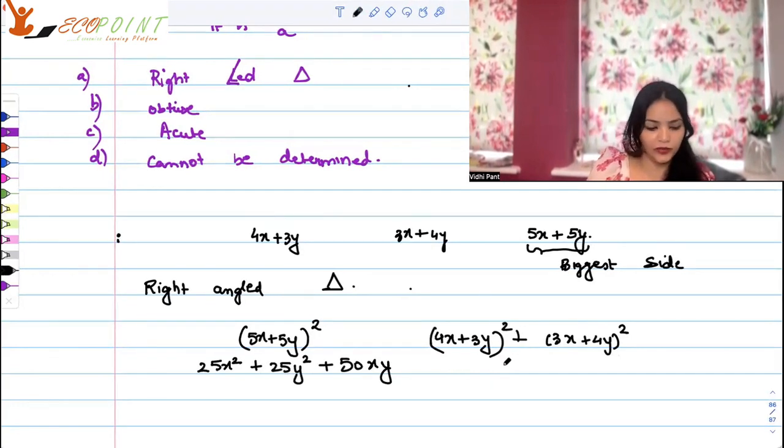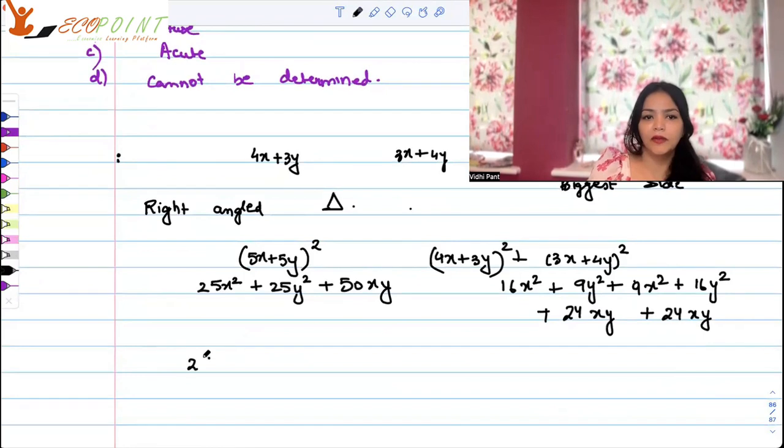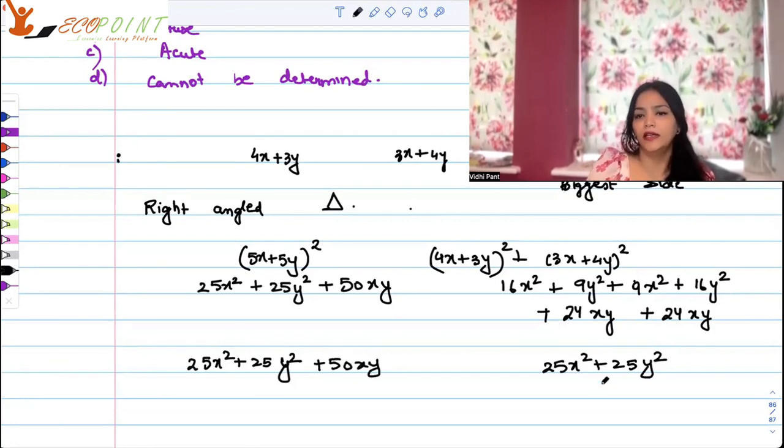And यहाँ से open करेंगे तो मेरे पास आएगा 16x square plus 9y square plus 9x square plus 16y square plus इधर से मेरे पास आएगा 24xy and इधर से मेरे पास फिर से आएगा 24xy, right? तो तुम्हारे पास यहाँ पे भी आया 25x square plus 25y square, यहाँ पे भी आया 25x square plus 25y square.